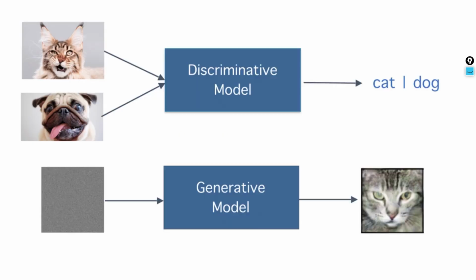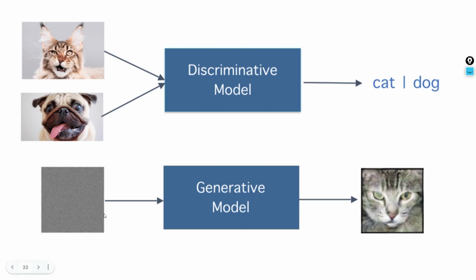First, let's try to understand the meaning of the discriminative model and the generative model. Assume you have a data set of cat and dog images. If I fit that into my discriminative model, the model will just try to classify whether it's a cat image or a dog image. So what is a generative model?